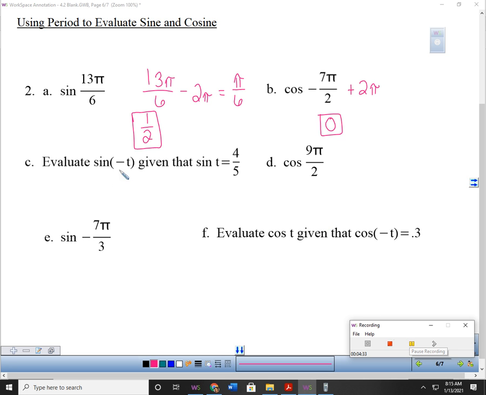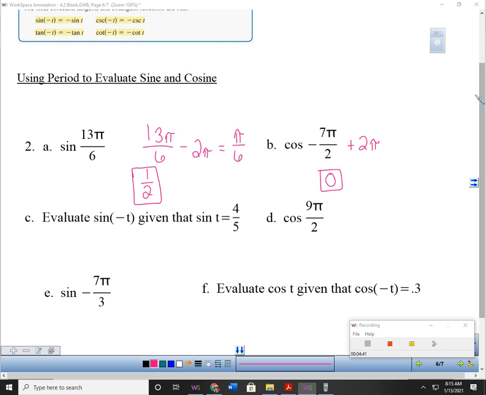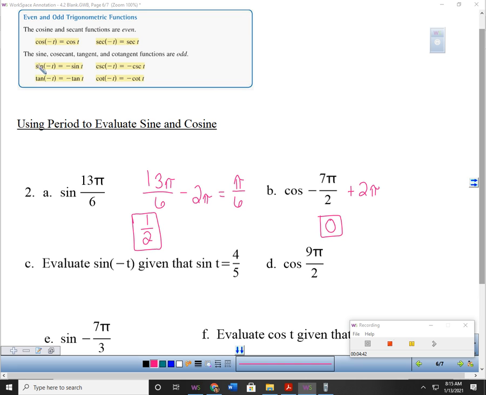So now we're going to throw in sine of a negative angle. Now if you look up at your even and odds, if I take the sine of a negative angle, that's the same thing as the negative sine of that positive angle.